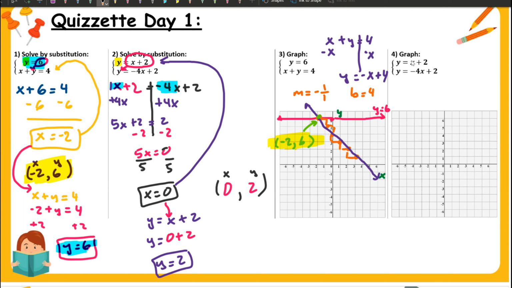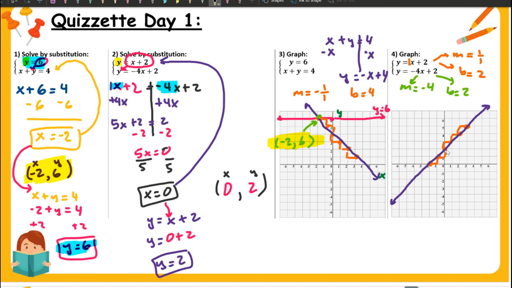All right, next one, number 4. So graphing this, we have m, the slope, is 1 over 1. Your y-intercept is 2. So at 2, you go up 1 over 1, up 1 over 1, and so on and so forth. And do the reverse, down 1 over 1. So we have the line looking like this. Second equation, m equal to -4, b equal to 2.